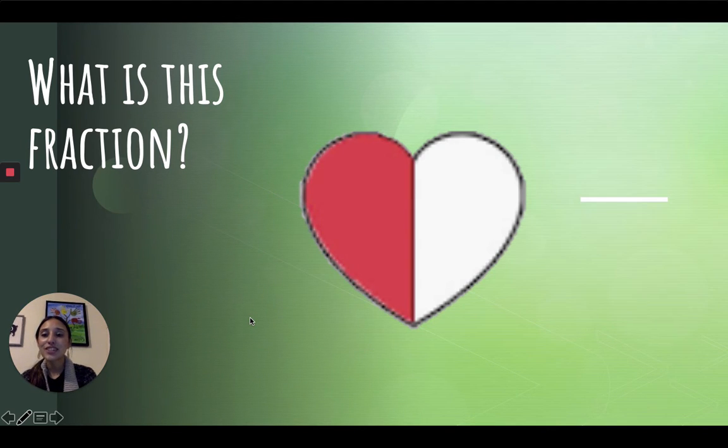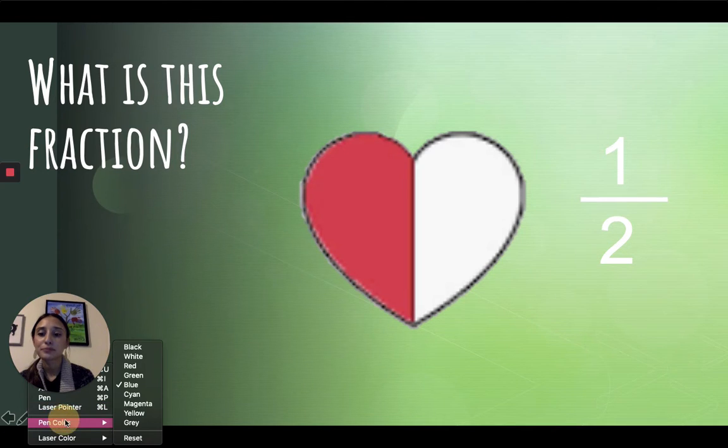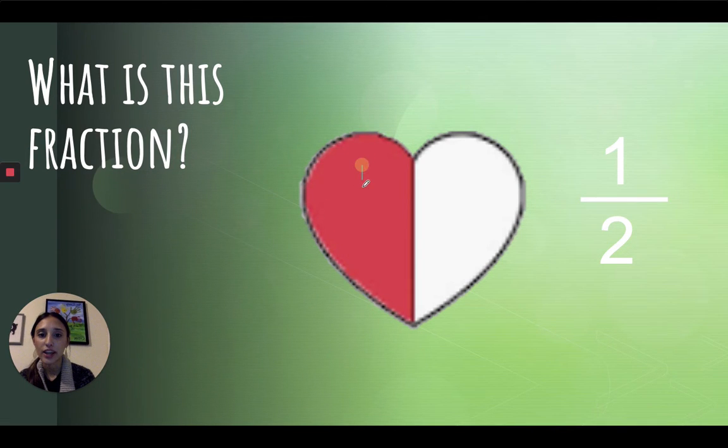All right, what fraction is this showing? Yeah, so this one is showing 1/2. And I know this because I can see here that this part is shaded in, okay? I have one piece that is shaded in, and my other piece here is blank.